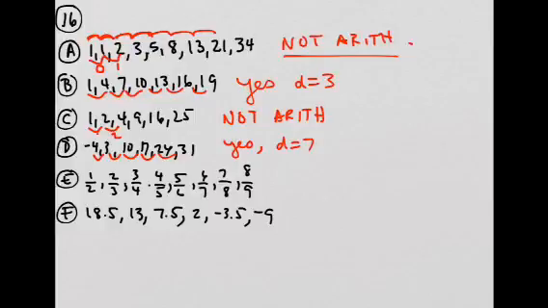Letter E is not arithmetic. There is a pattern. All the numerators are consecutive: 1, 2, 3, 4, 5, 6, 7, 8. The denominators are also consecutive, starting with 2, 2, 3, 4, 5, 6, 7, 8. But the fractions themselves have no common difference. So this one's no, not arithmetic.